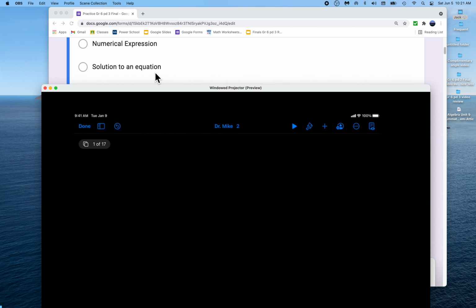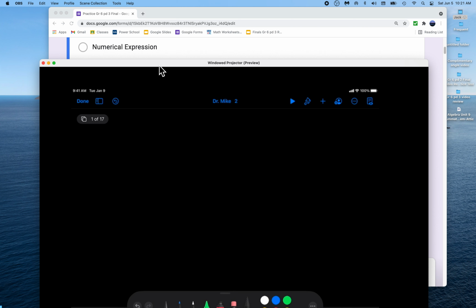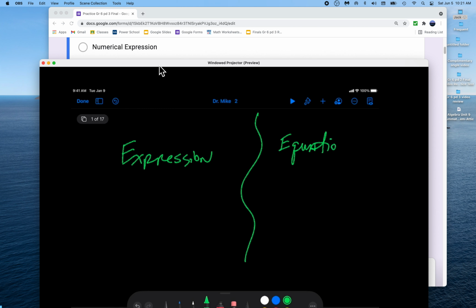Numerical expression. The fact that the word expression is listed and not equation, let me write that over here. An equation. Equation has the root equal in it. So an equation has to have an equal sign.